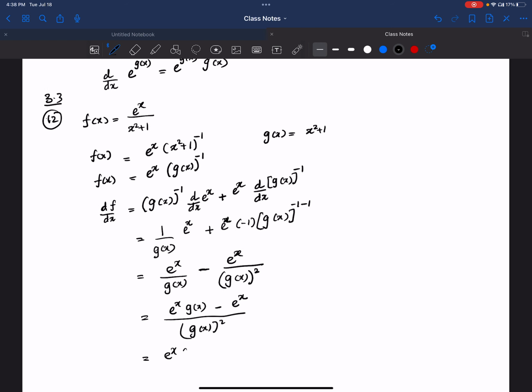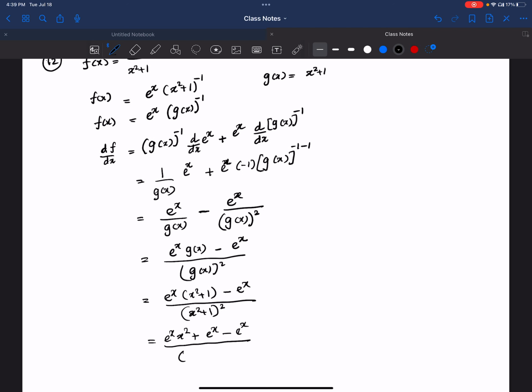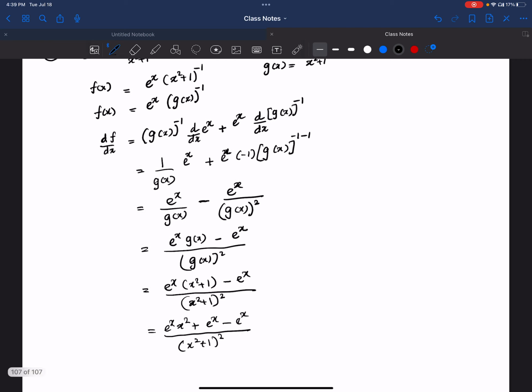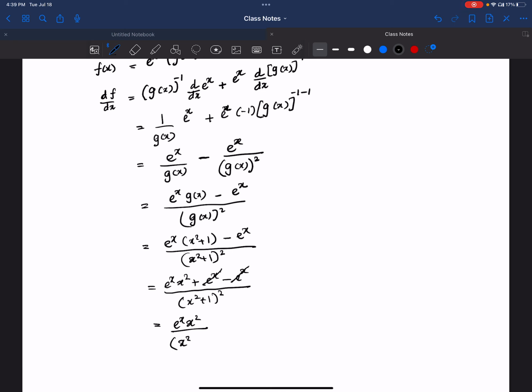So I have e to the power x (x squared plus 1) minus e to the power x, divided by (x squared plus 1) squared. This can be written as e to the power x times x squared plus e to the power x minus e to the power x, divided by (x squared plus 1) squared. So you can cancel this out and you get e to the power x times x squared divided by (x squared plus 1) squared. So that's your df over dx.